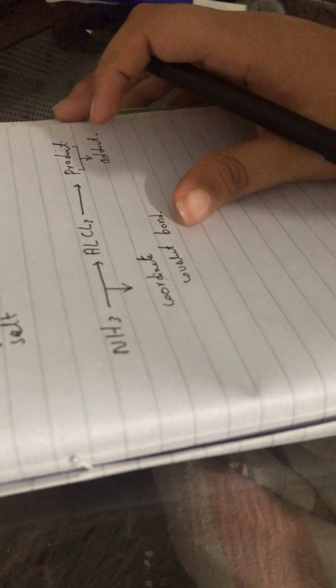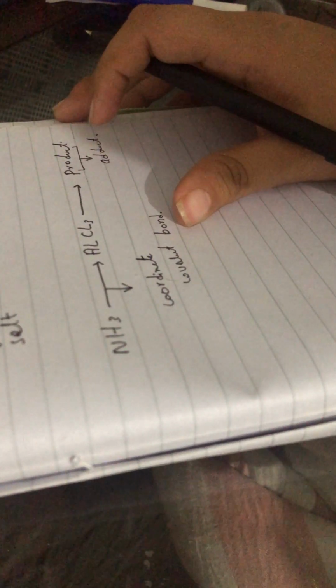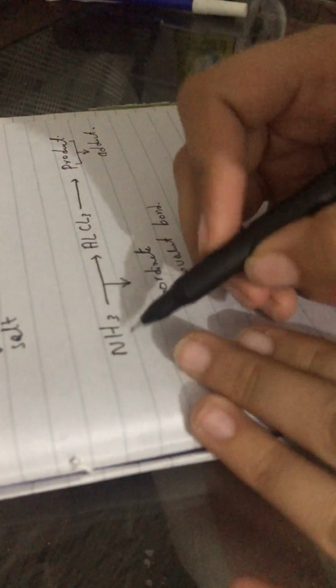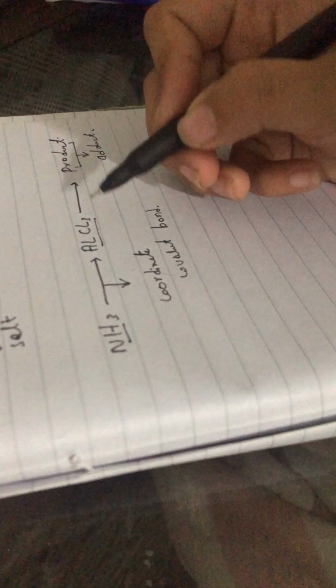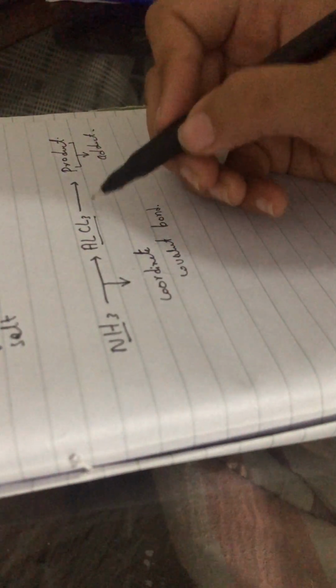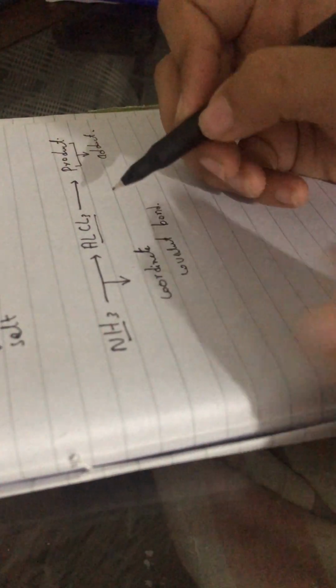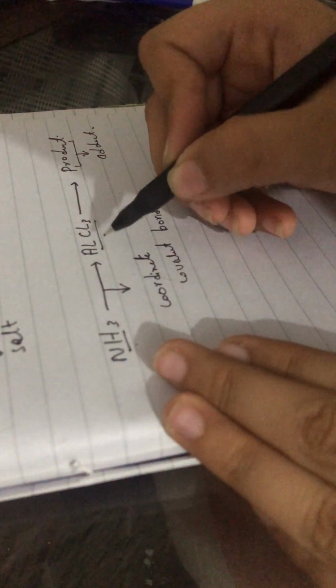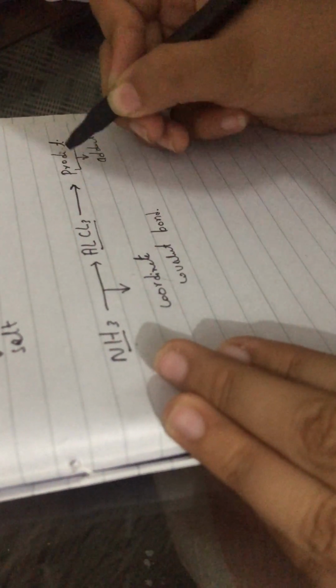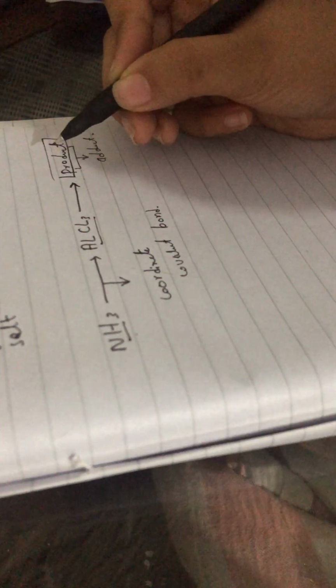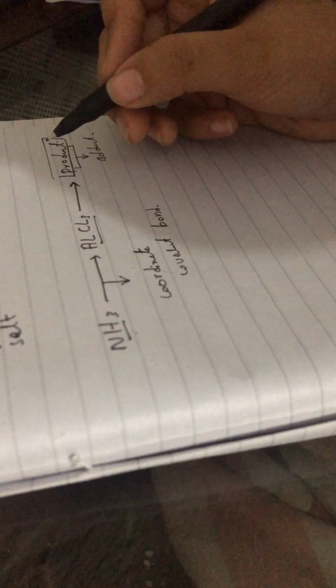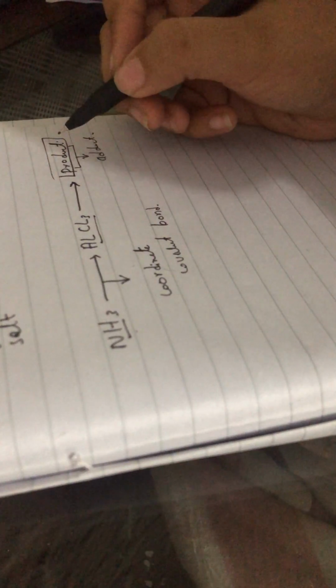An adduct is a product of a direct addition of two or more distinct molecules. You can see here NH3 and AlCl3. It is a direct addition of two or more distinct molecules resulting in a single reaction product containing all atoms of all compounds.